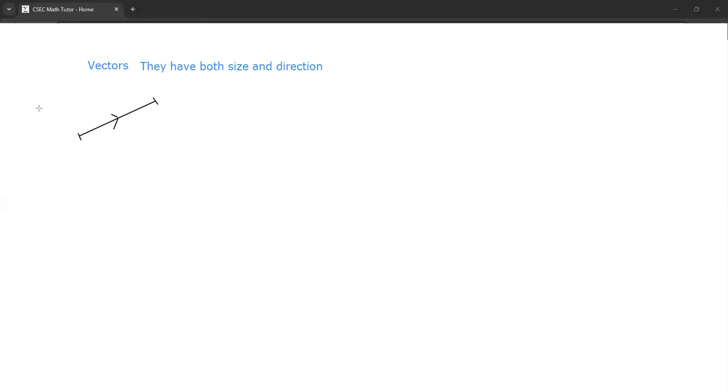Now, in a vector, we could think of it as the directions or the instructions to get from one location to another location. So let's say I want to get from one point to another point. I'm going to start by explaining it using a graph.